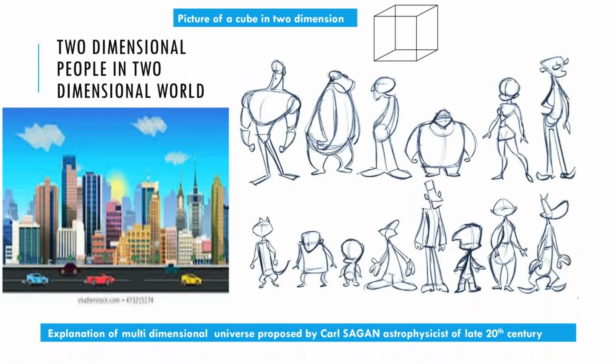So now to find out where this creator is, we can go back to mathematics. Let's assume that we have a world that is two-dimensional. That means that, you see, there are apartment buildings, there are cars, there are restaurants, there are gyms, and so on and so forth. And these two-dimensional people are basically living in this two-dimensional form.